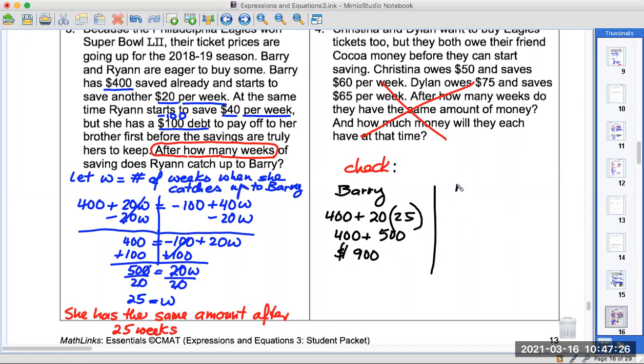And then the gal, Ryan, she starts out with negative 100 in debt, and then she saves $40 a week for 25 weeks. So it's negative 100, 40 times 25 is 1,000.